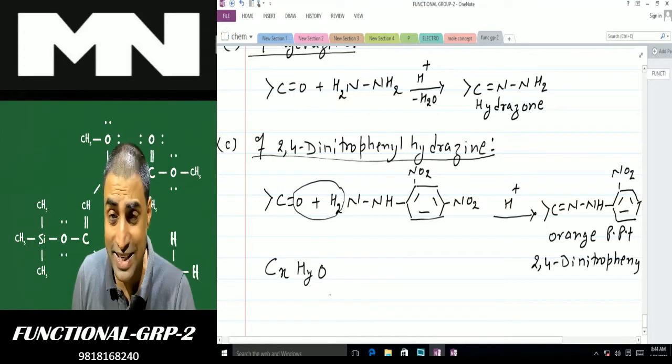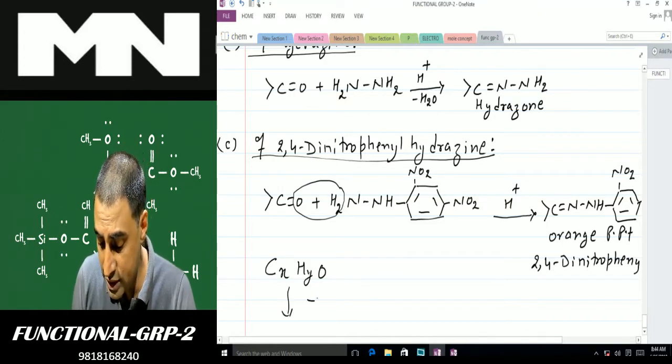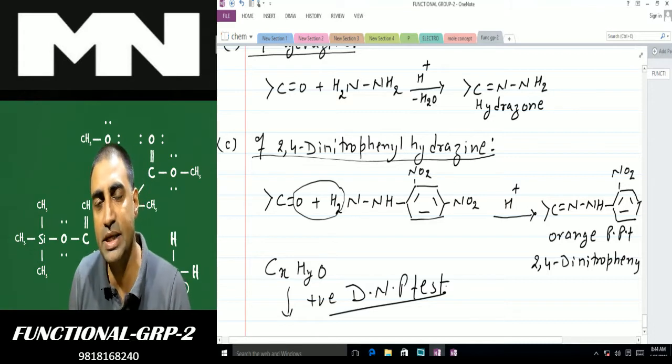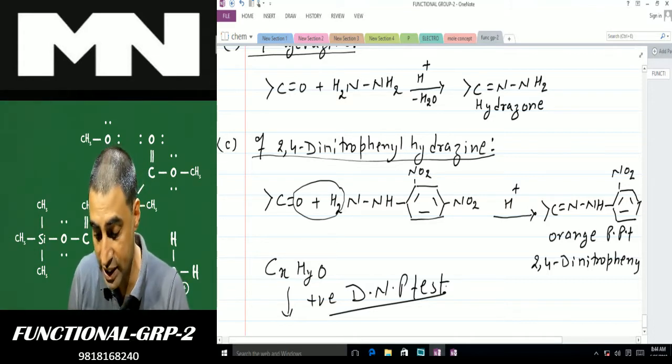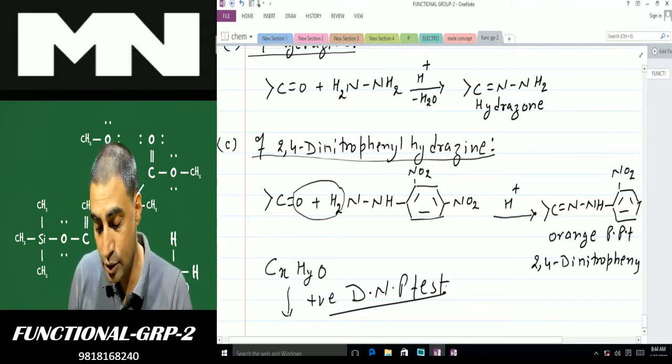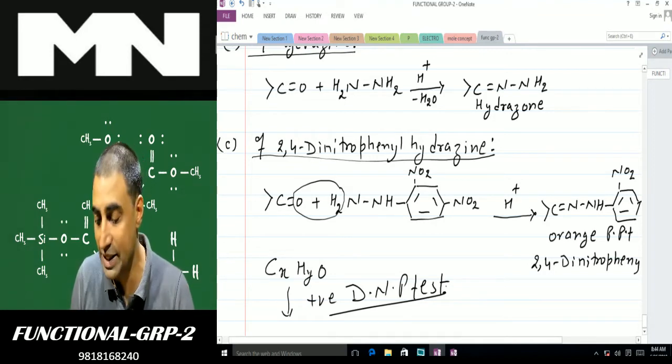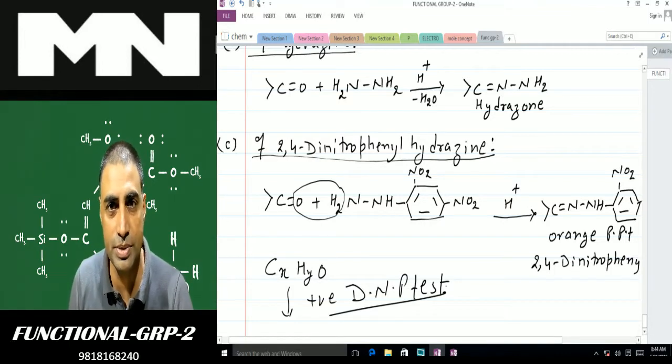But if it says that it gives positive DNP test, positive DNP test means it forms orange colored precipitates on reaction with 2,4 dinitrophenyl hydrazine. That means it is neither an alcohol nor an ether. It is either an aldehyde or a ketone, because only aldehyde and ketone form this addition complex orange precipitate. So this is what you have to remember.